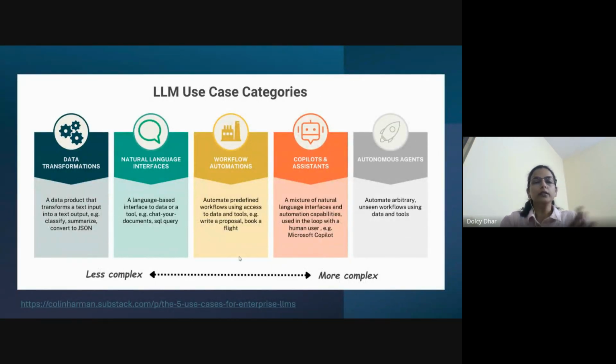So moving on, these are the basic LLM use case categories from an industry point of view: data transformations, natural language interfaces, workflow automations, co-pilots and assistants. We can see a lot of places now have started using a chatbot kind of model where a person inside a company can talk to the chatbot about their company's processes.